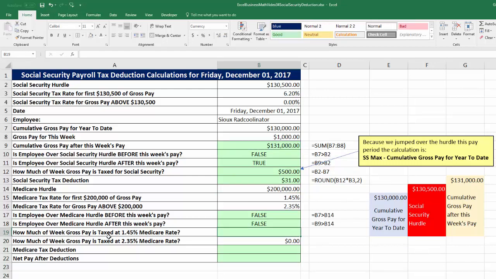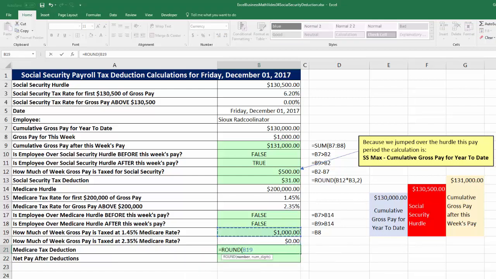So guess what? We're still only using 1.45 times the full amount. For how much should be taxed equals the full amount, and enter. How much for the second tax rate? 0. Now we can calculate our Medicare tax deduction equals round.